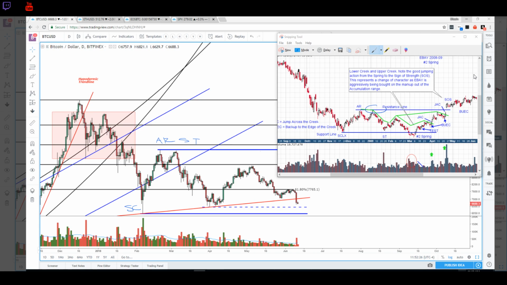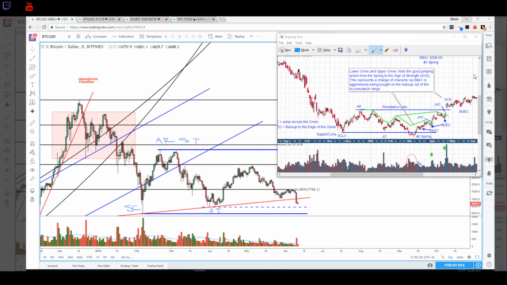Keep in mind, this isn't labeled as such, but it is a secondary test. There's a secondary test here, another secondary test, and we see this sort of failed rally here. And now we see the creek meandering.